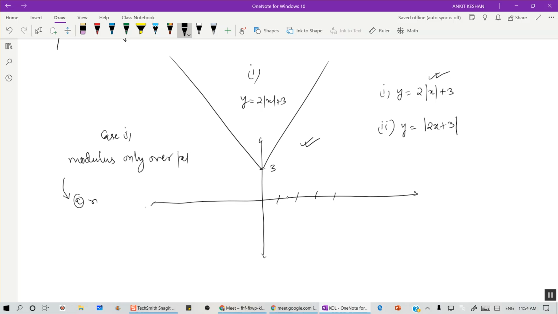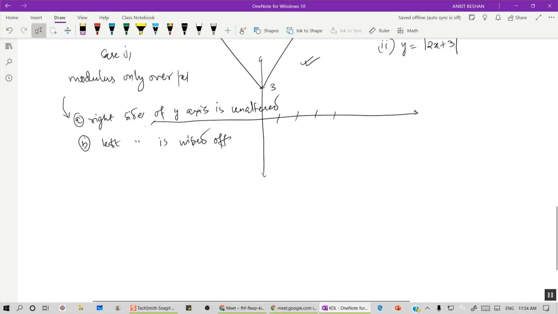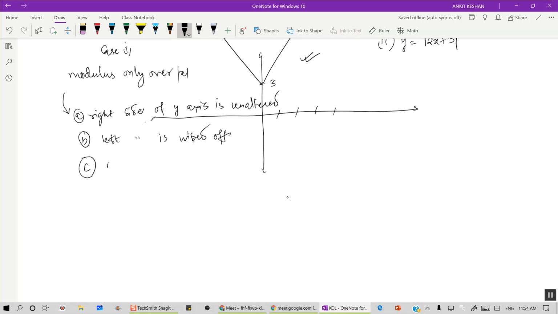The right side of the y-axis is retained, unaltered. The left side is wiped off, and the mirror image of the right side is drawn on the left side. Okay, so note down this.